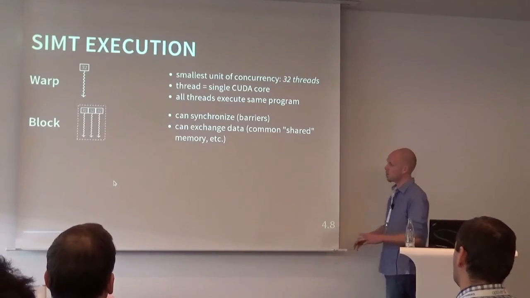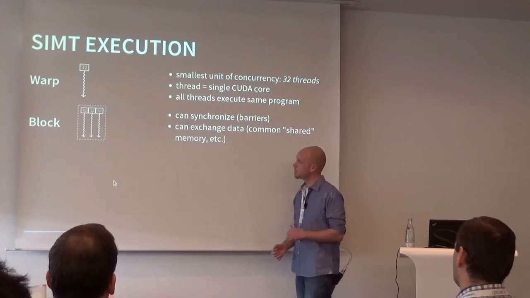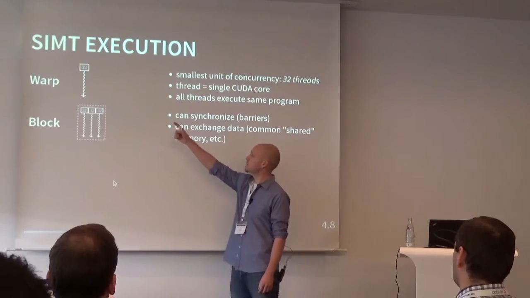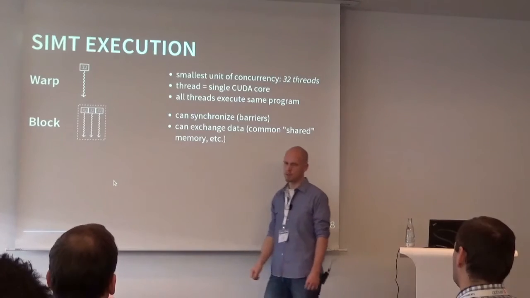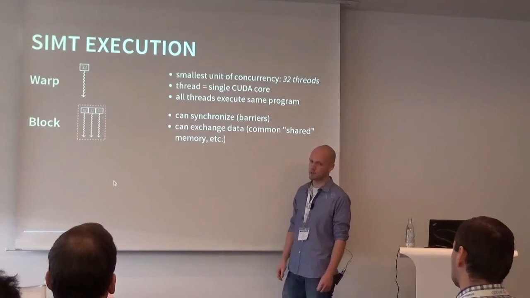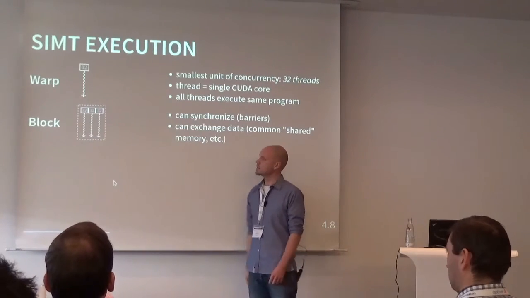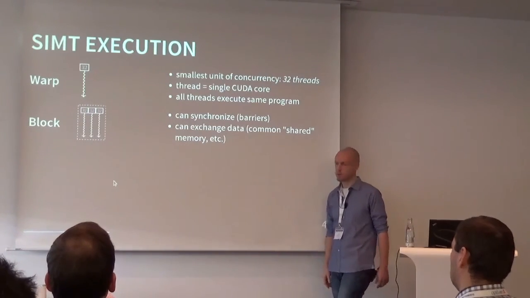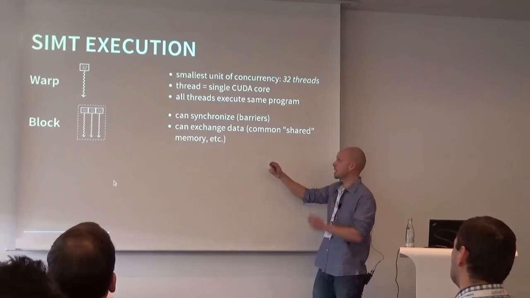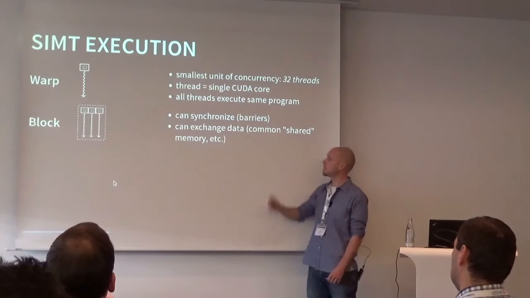Now, let's go up a little bit. We will slowly close in on the programming. These sets of 32 threads, which are in NVIDIA speak called warps, can be grouped into blocks. Blocks contain a number of warps. The warps inside can synchronize between each other, so there are barrier constructs.